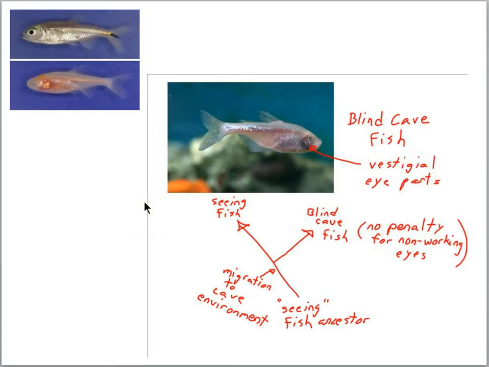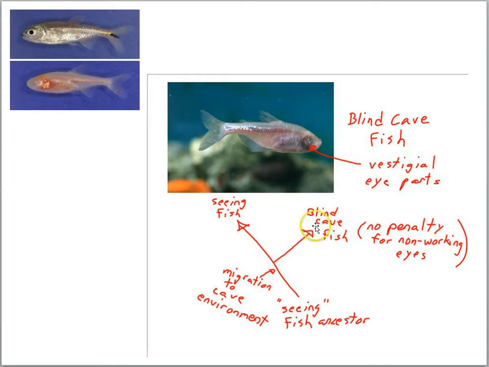Now, Darwin's going to use the concept of species change to explain this phenomenon of the blind cave fish with eye parts that don't work. Darwin's going to argue that the ancestors of the blind fish were seeing fish, sighted fish. So the ancestors had functioning eyes. But at some point in the evolutionary history of this species, some of them migrated into the cave environment.